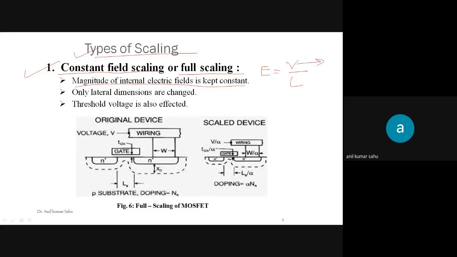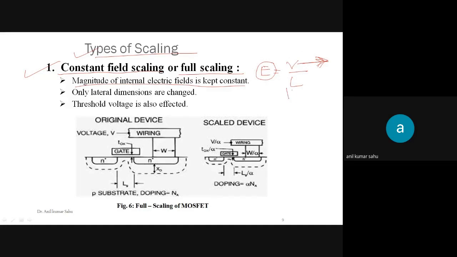In constant field scaling, we have to keep the magnitude of the electric field constant.